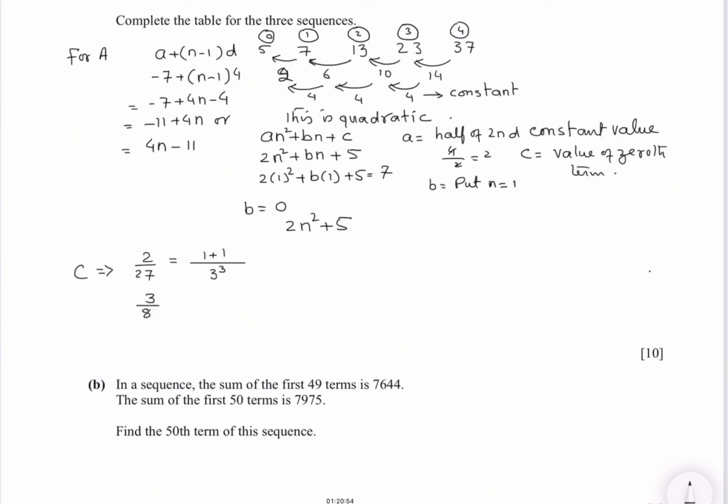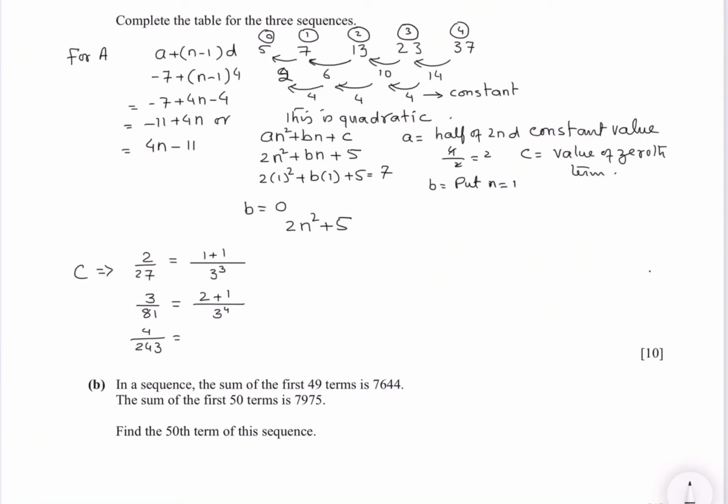Like the next one is 3 over 81. So my 3 would come like, I will keep one number constant in the numerator, 2 plus 1 makes 3, and in the denominator I will keep 3 there. So 3 power 4 is 81.